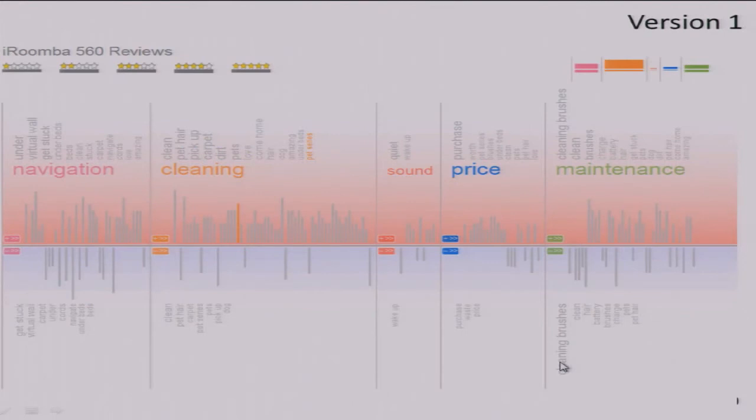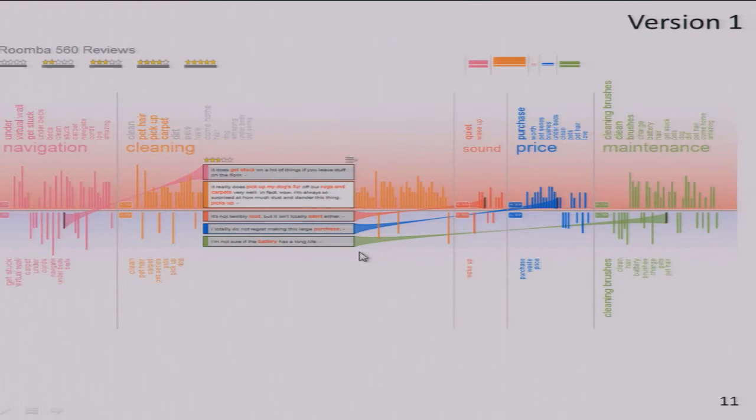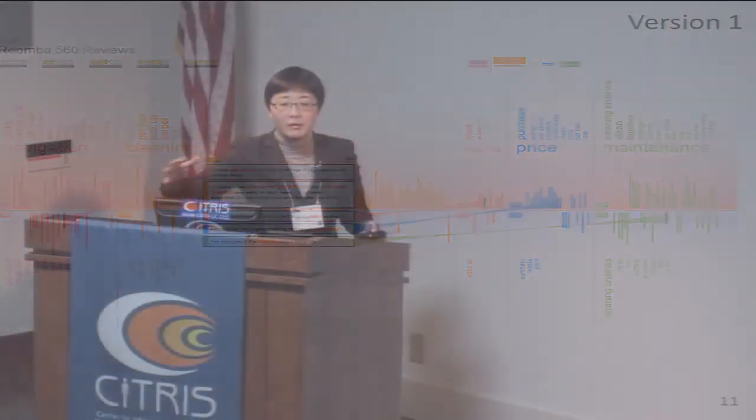Here, without the blown-up version, just to give you an idea, you can see those different bars. Each bar represents one snippet, and the length of the bar represents the length of the text included in a snippet. Moreover, as I said earlier, you can see how the opinions are distributed among all the dimensions and among different sentiment orientations.